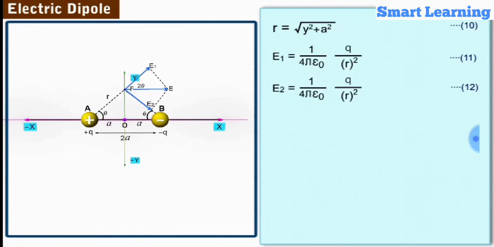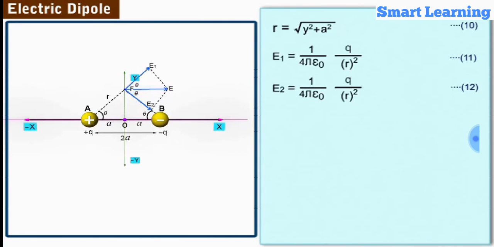Hence, the diagonal of the parallelogram formed by the vectors E1 and E2 as sides bisects the angle 2 theta. Thus, the resultant of E1 and E2 makes an angle theta with the direction of both E1 and E2. The resultant of E1 and E2 is parallel to the x-axis and is directed along AB.